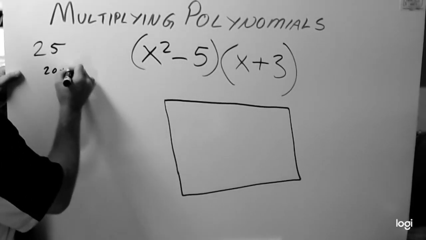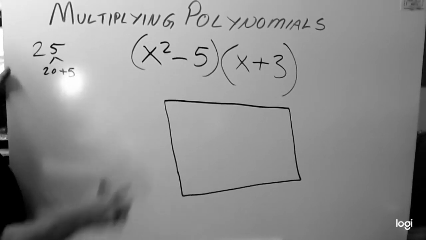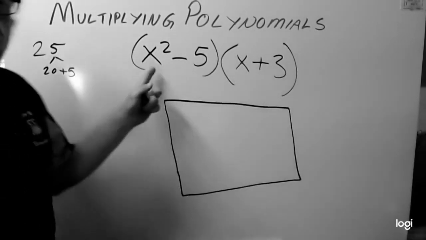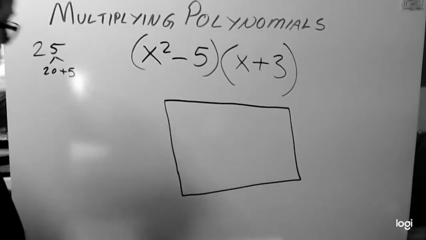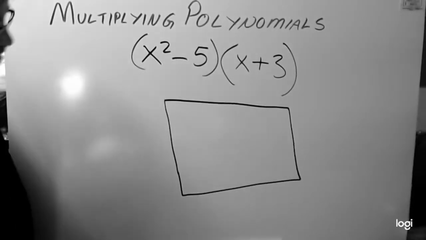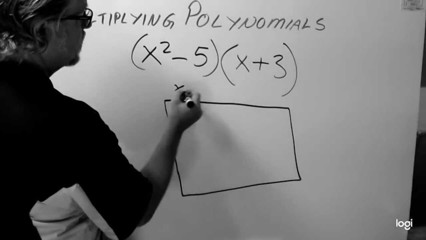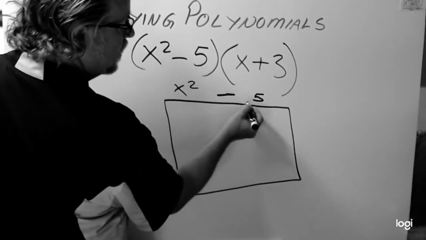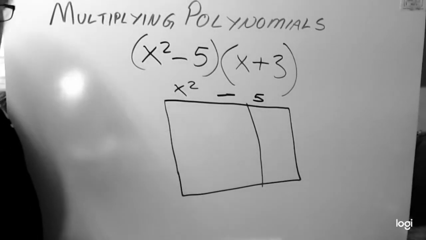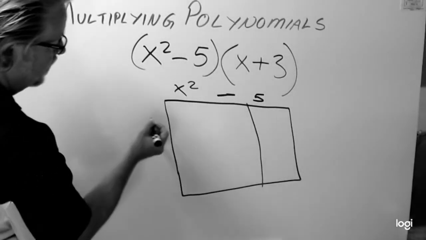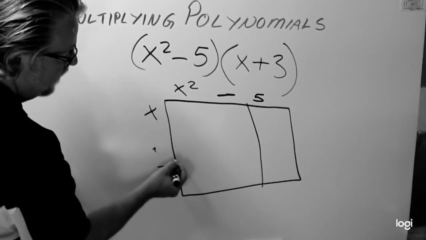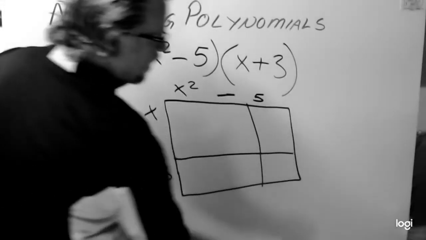So x squared minus 5, same kind of idea, except we can't add them because we don't know what x is. So we have to leave it as an x. So we do x squared and then 5, and that's a minus. I'll put my line to separate my terms. We have x plus 3, so we'll do x plus 3, put your plus sign there, and draw your line to separate your terms.